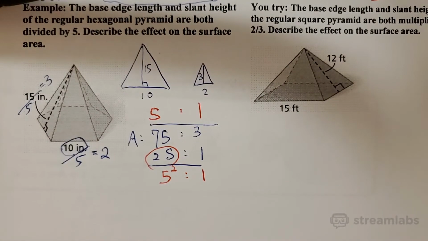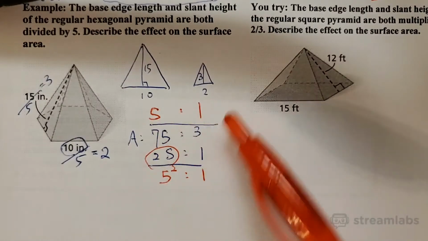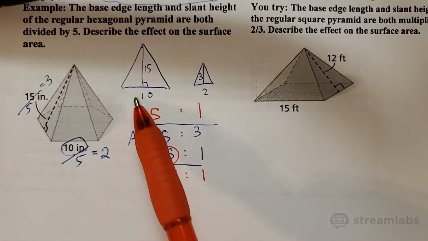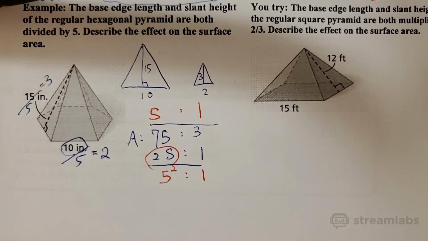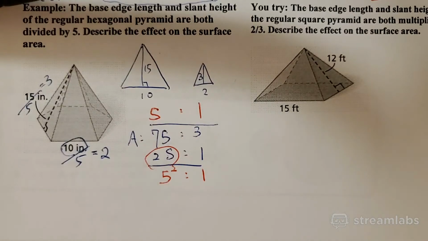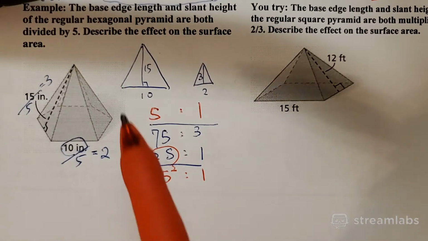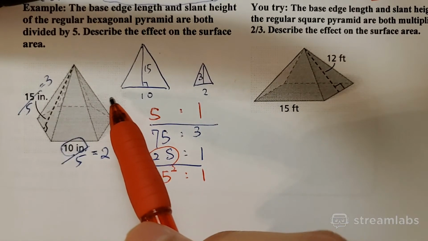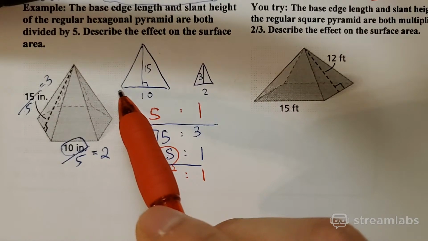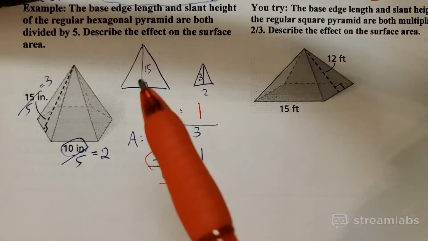Why is that? I think we mentioned this when we were doing similar triangles, is that if you change the scale factor of the length, right? Since area is two-dimensional, your area would be your scale factor squared.